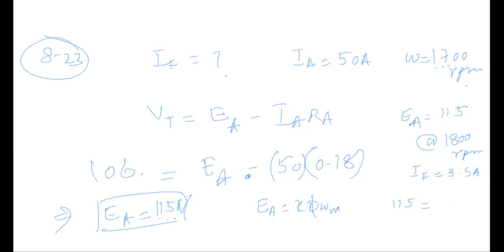Okay, this is the condition. EA is 115 when the RPM is 1800, and corresponding to that IF should be equal to 3.5 amperes. Okay, so at 3.5 amperes, 1800 RPM, EA is equal to 115.